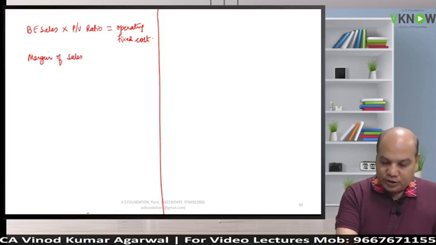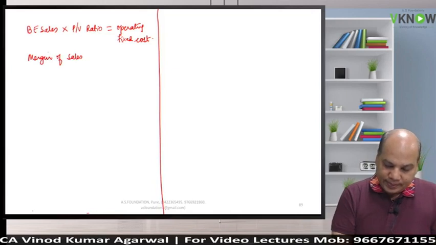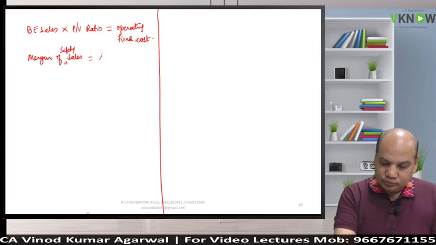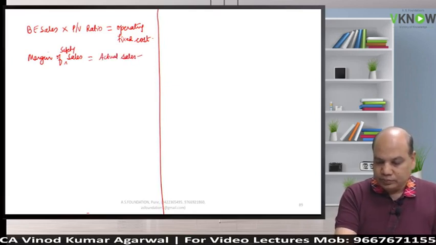Margin of safety. Margin of safety sale is equal to actual sale minus break even sales.